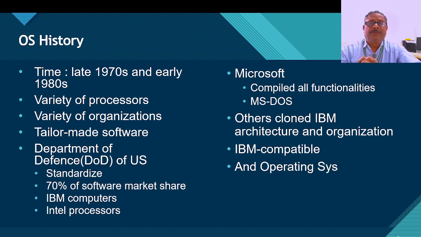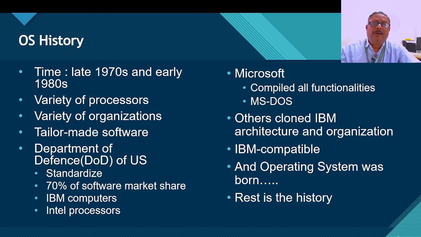Because of all this, the operating system was born. Till then, there was nothing like an operating system; each one was doing their own tailor-made software. But once this whole thing was compiled by Microsoft and MS-DOS was created, an operating system was born.